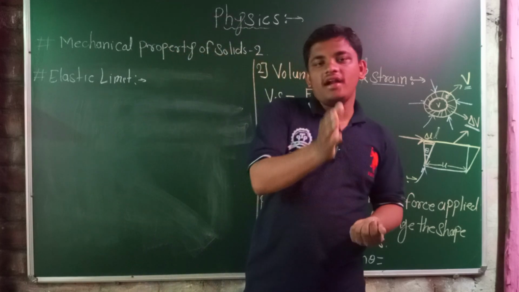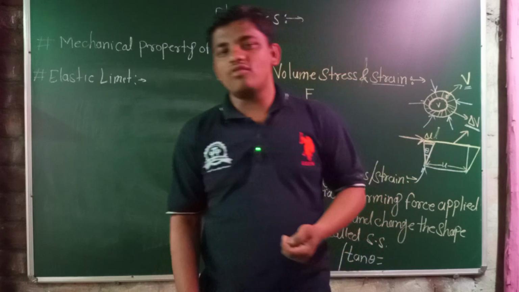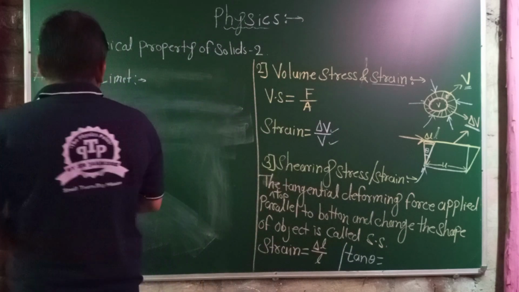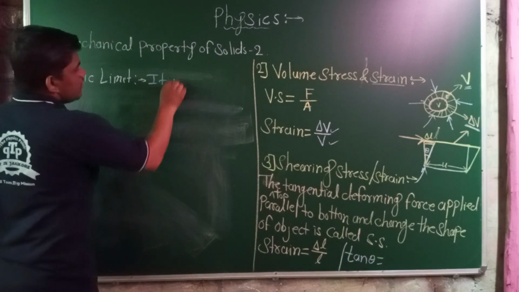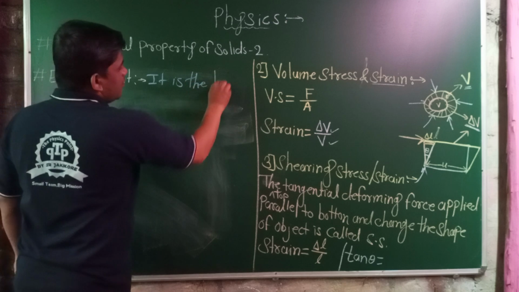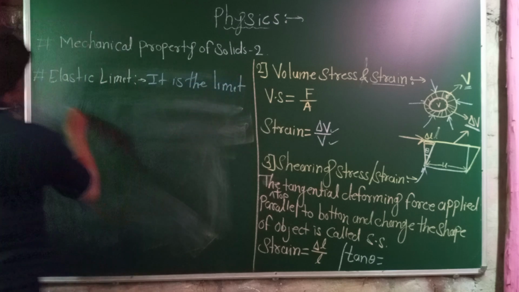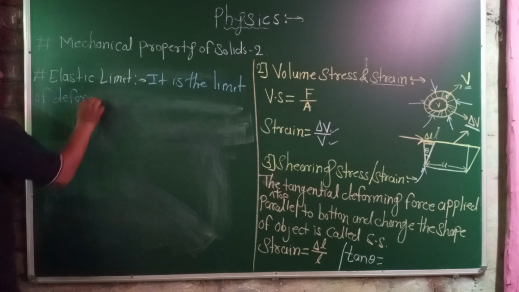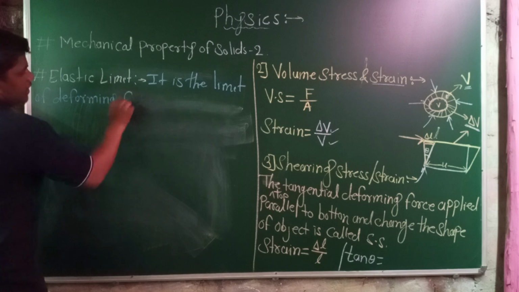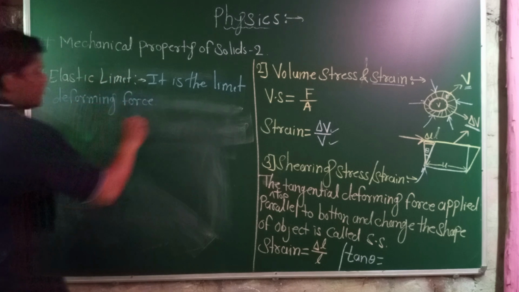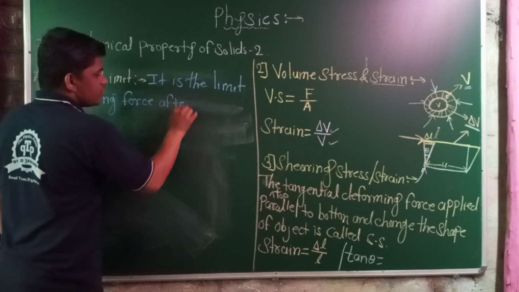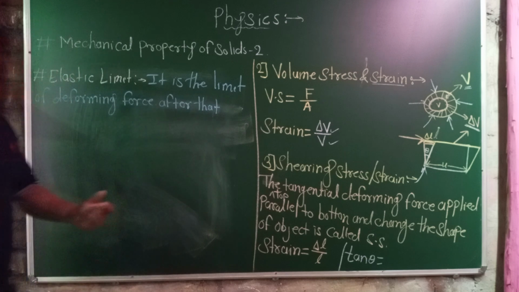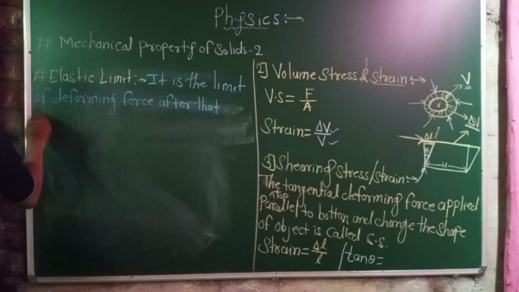Before the breaking of that rubber band, all these deforming forces are inside the elastic limit. It is the limit of the deforming force. After that, the elastic body is converted to a plastic body.